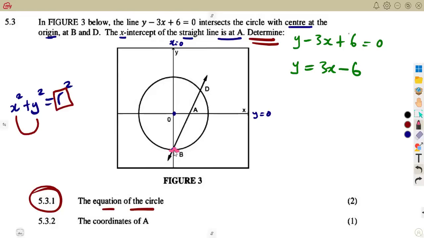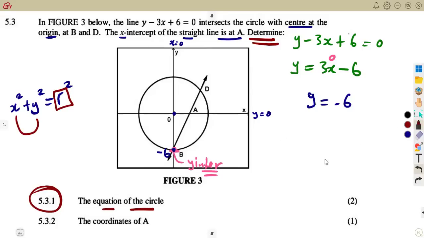It is also the y-intercept of this straight line, where we understand that x is equal to 0. So the y value at this point B is minus 6, when x is equal to 0.